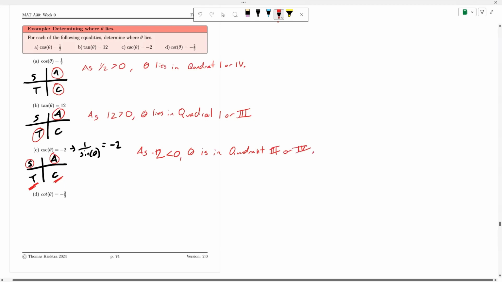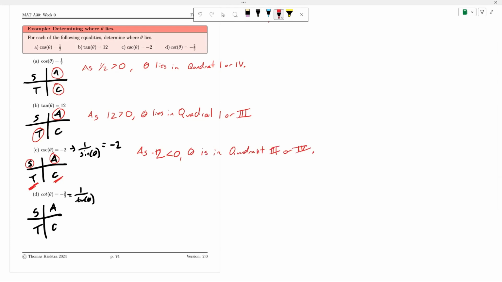And now we have cotan. Cotan equaling minus 2/3. Again, I'm going to do CAST. And here, this equals 1 over tan of theta. The reason why I do that is because this allows me to think of my CAST rule.